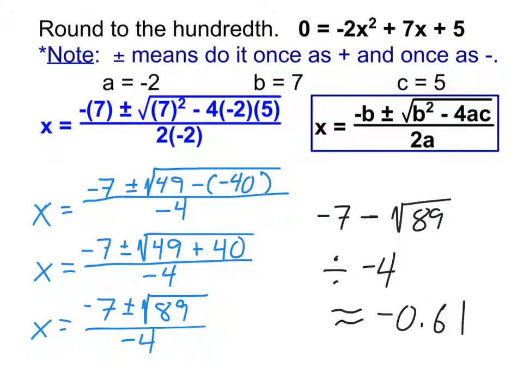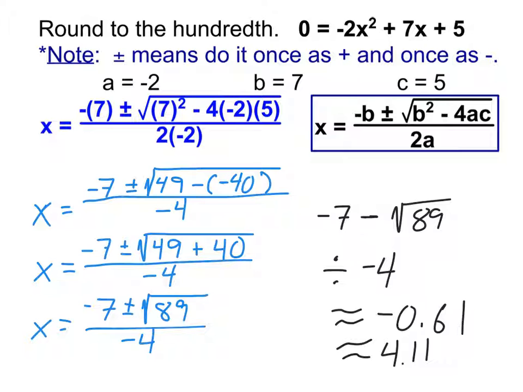Do it on two separate lines. It keeps you from having to mess around with parentheses. And when you do that calculation, so you can check yourself, you should be getting an answer of about 4.11. Notice I'm giving 2 decimal places because, again, it told us to round to the 100th place. So that means 2 decimal places. Those are the 2 answers you should be able to get out.